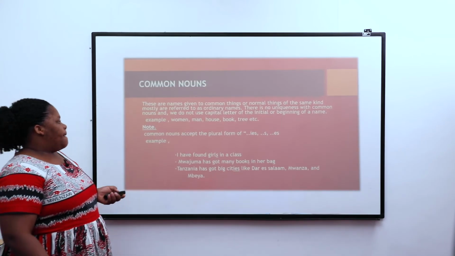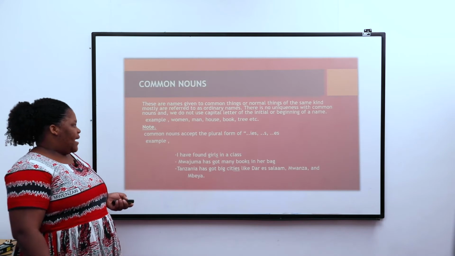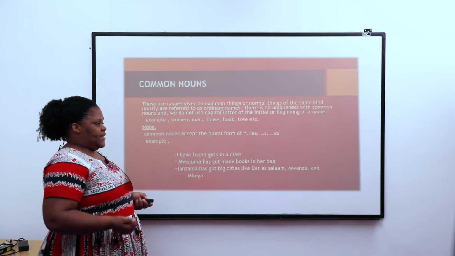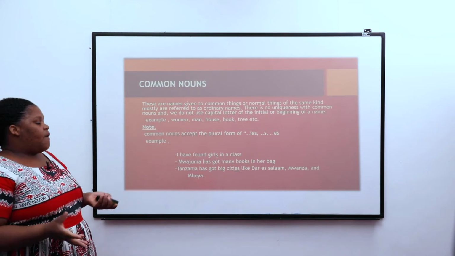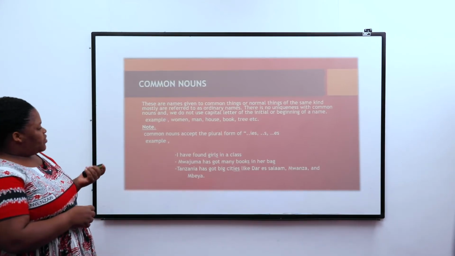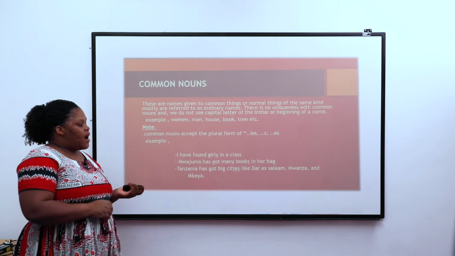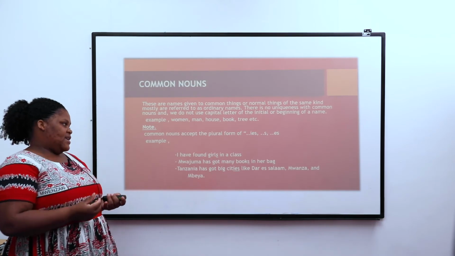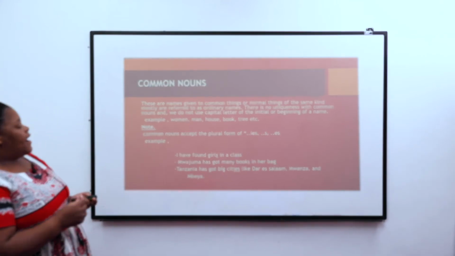For example, woman, man, house, book, tree, etc. A point to note here is that common nouns accept the plural form, that's the IES, S, and ES.